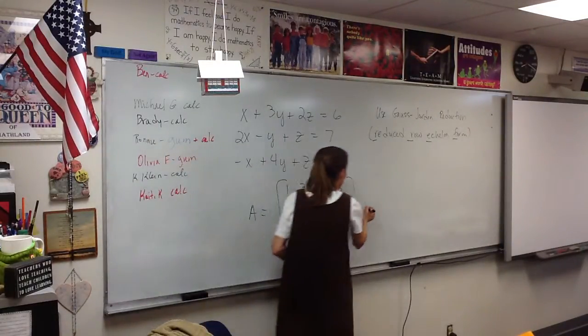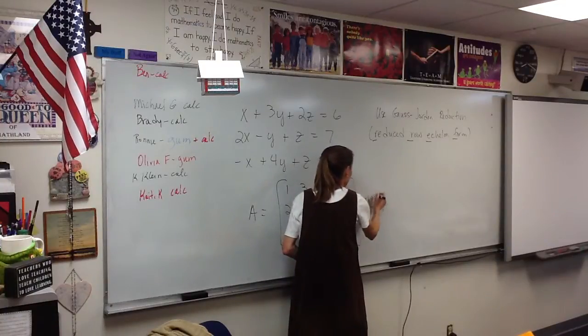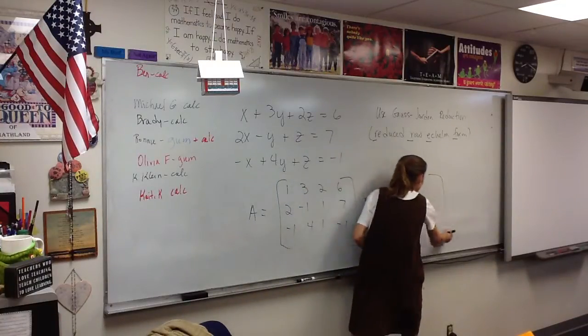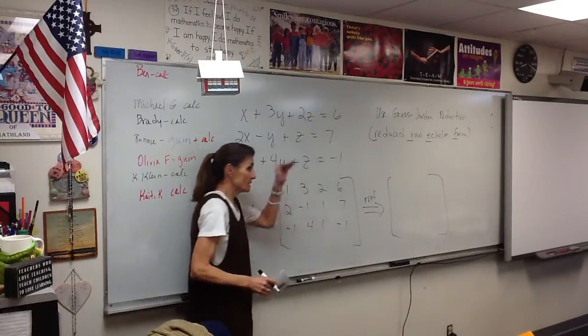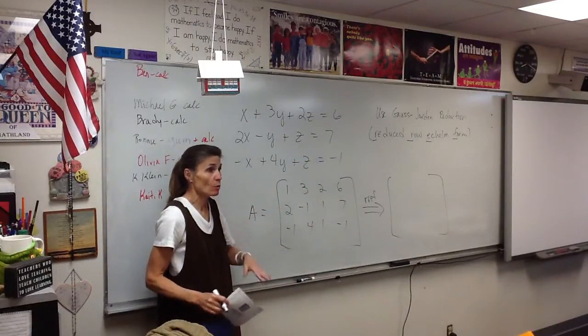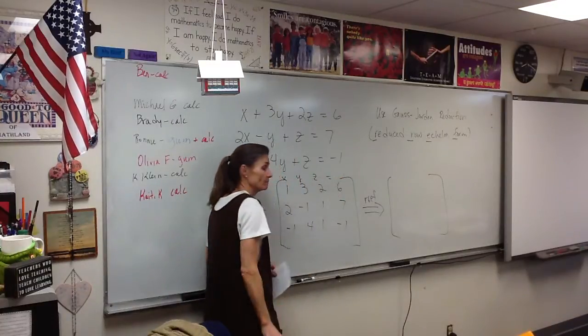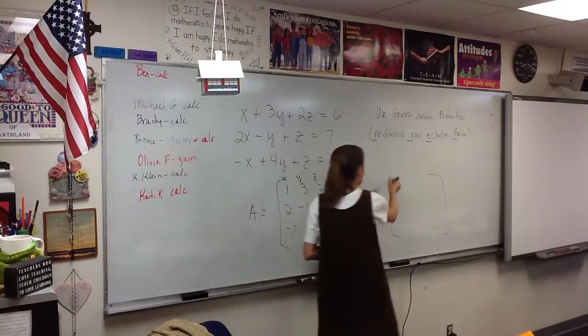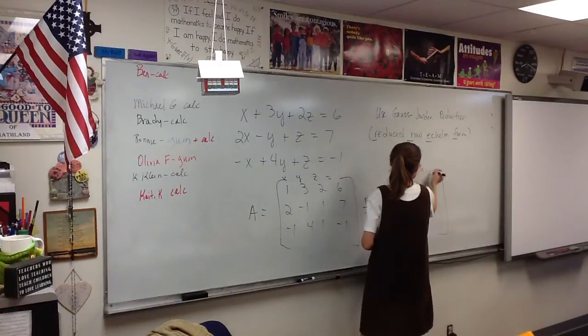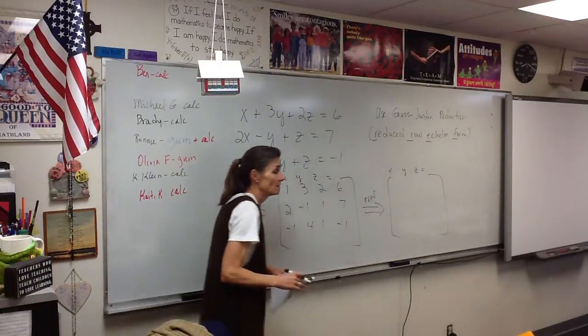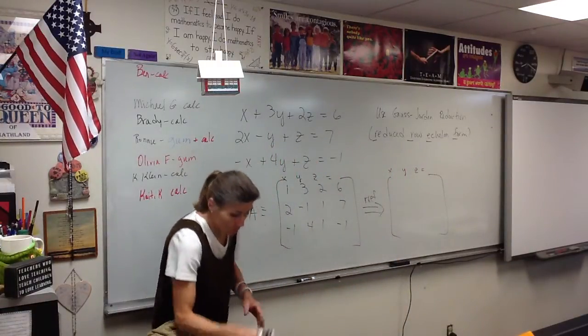So when I RREF this matrix, and a new matrix comes out, each row will still represent an equation. These are the x's, the y's, the z's, and the equals. So I'm going to have x, y, z's, and equals when it all comes out. All right, so in we go.